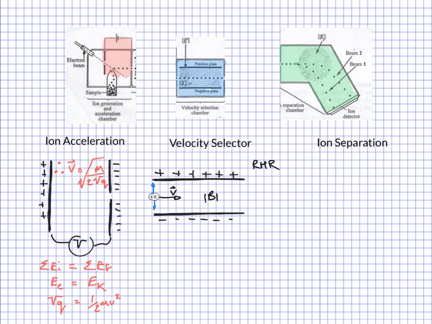And that's going to come from the electric field and the magnetic field. Well, it's a positive charge, so it's going to experience an electric force towards the negative plate. So if that's the force electric, then this force here, that's going to be pushing it up, is coming from the magnetic field. So that's Fm, the force magnetic.